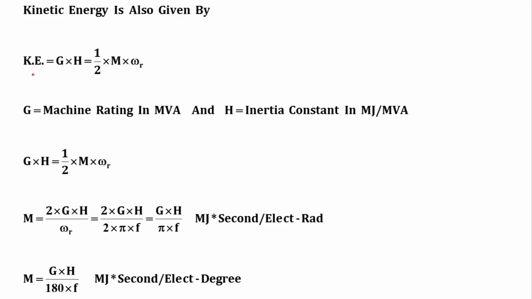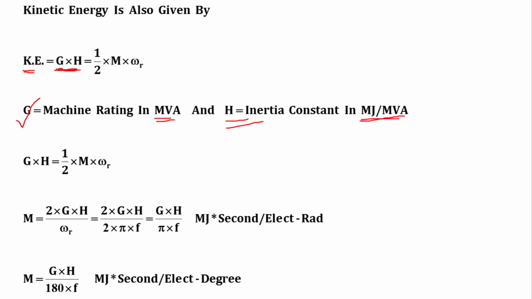Now in our previous chapter, load frequency control, we defined the kinetic energy as the multiplication of G and H, where G is the machine rating in MVA and H is the inertia constant in megajoule per MVA.